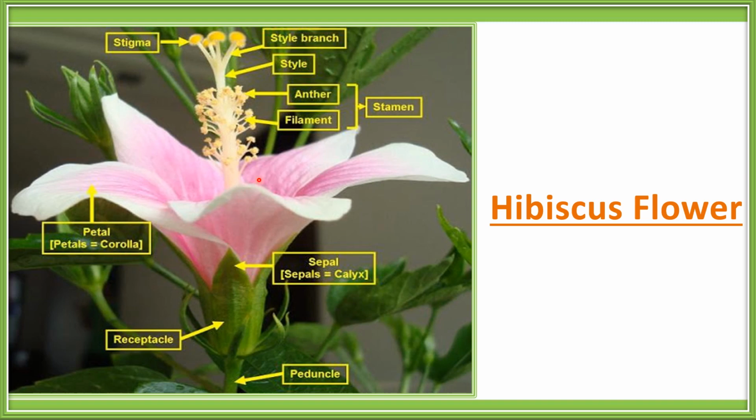Then we have inside here the filaments and the anther, which give us what we call the stamen. And then we have the style here, which is fused, and then it has got the style branches, and then we have the stigma. Those are the different parts of the hibiscus flower.